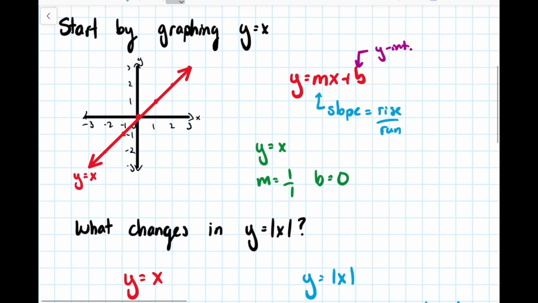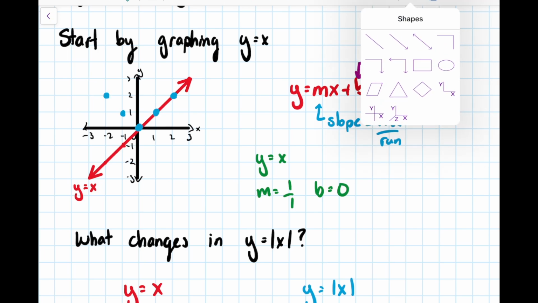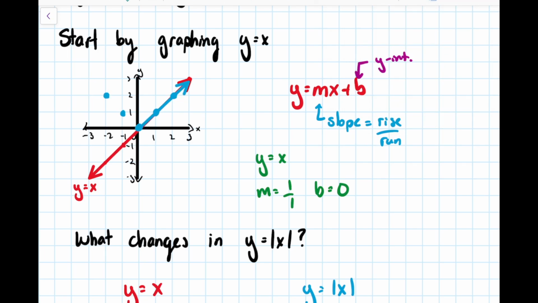So coming back up to our graph, if we're doing y equals the absolute value of x, we got -2, 2, we got -1, 1, 0, 0, 1, 1, 2, 2. And so if you look at the graph and you compare them, you'll see that part of the graph hasn't changed. So these points are all exactly where they were.